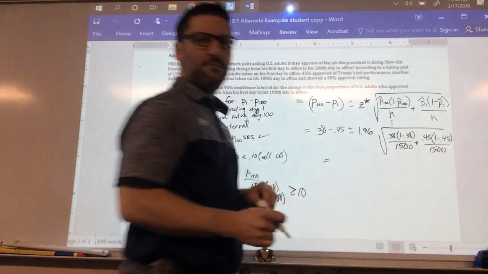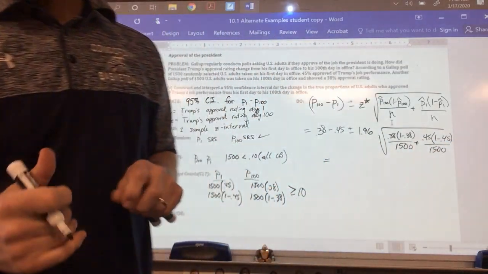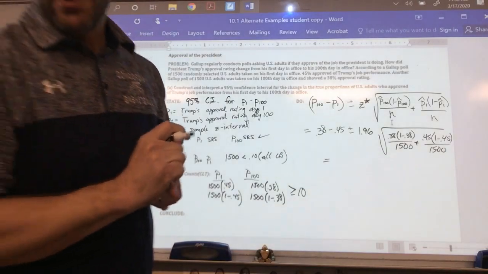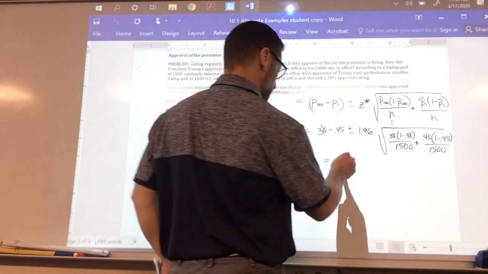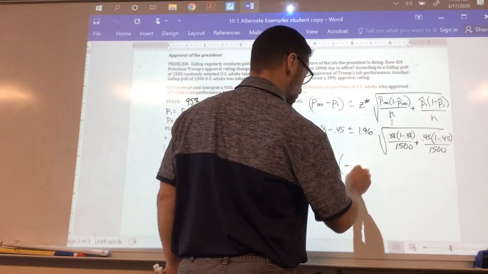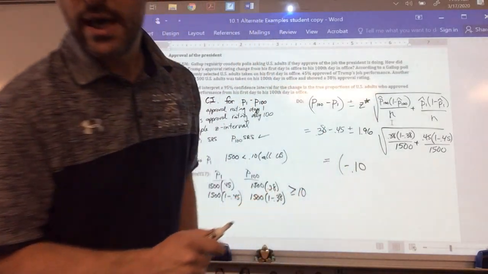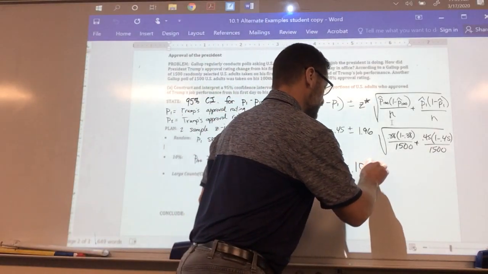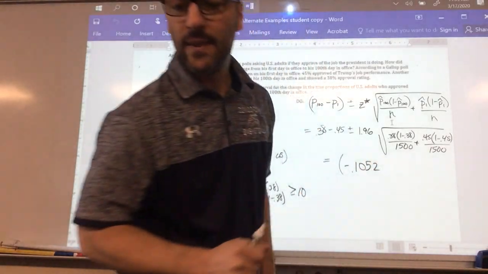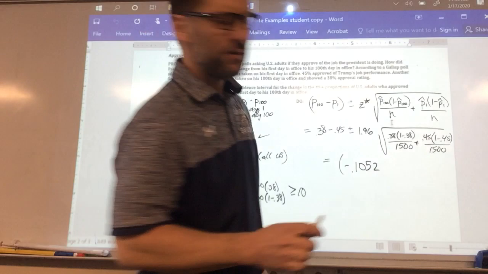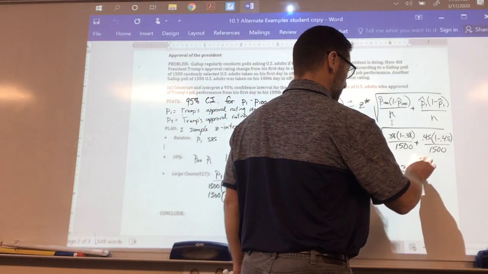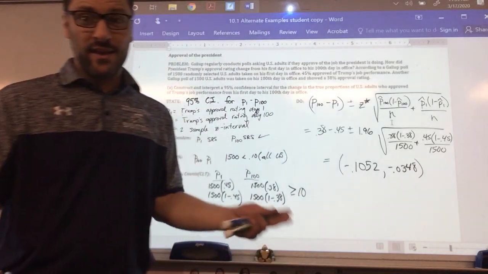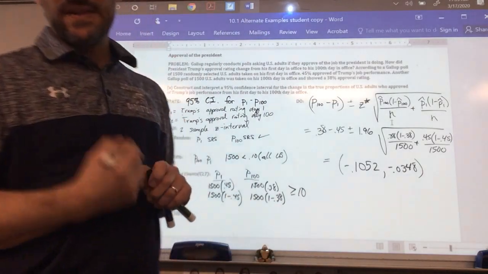We run through that math, making sure we have our order of operations correct, and what I got is negative 0.1052 and negative 0.0348. The fact they're both negative is significant.